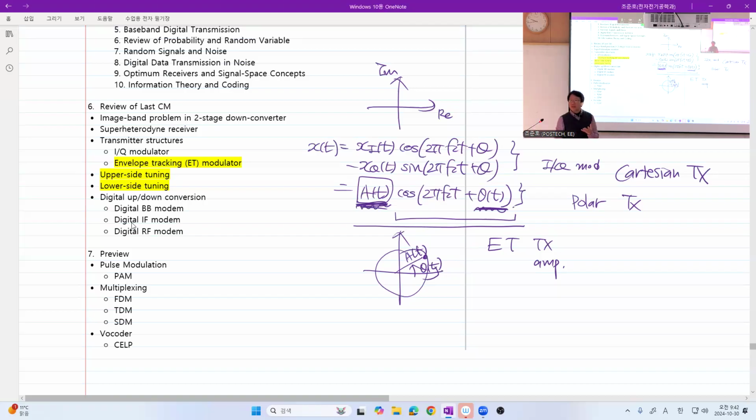When I was an undergraduate student, it was just a dream. Okay, digital RF was a dream. Even digital IF was not that possible. So when I became a graduate student, some prototype transceivers were implemented this way, digital IF.